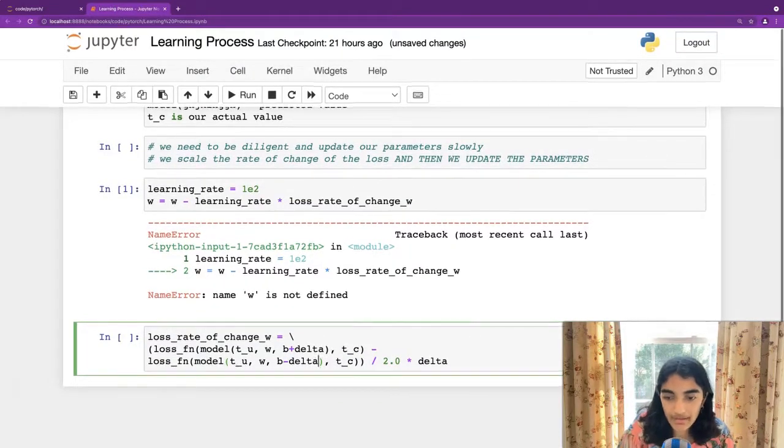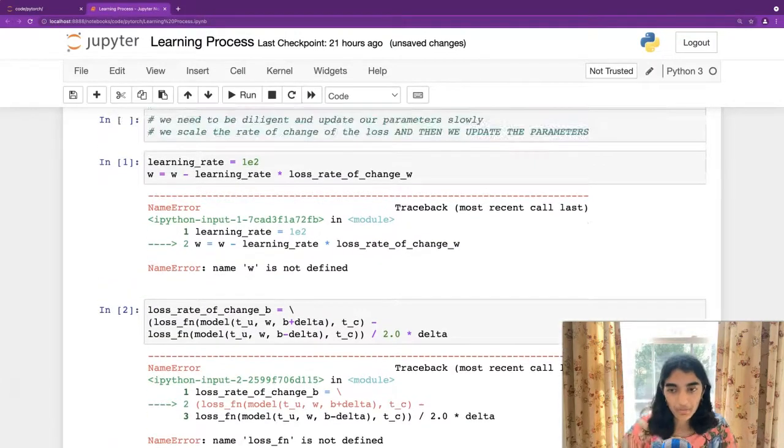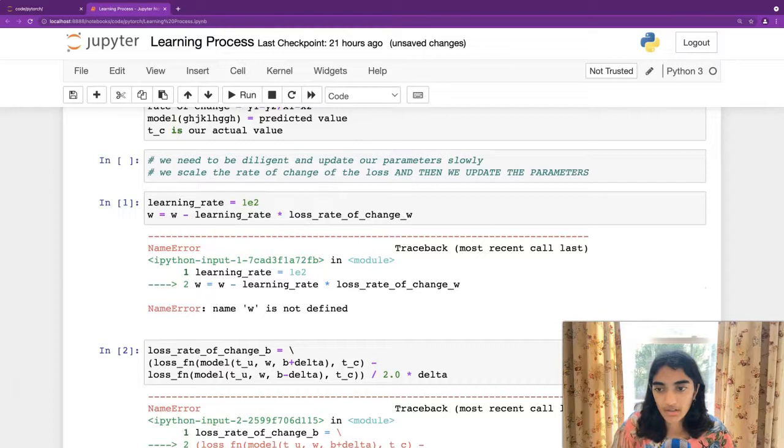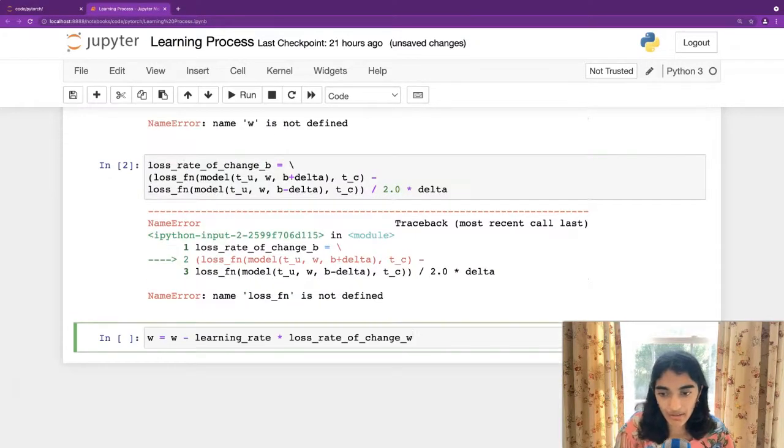And it's going to be the rate of change of loss with respect to b this time. We didn't run the previous stuff yet, which we should, but let me just do this and we can run it soon. So b is equal to b minus the learning rate times the loss rate of change. Okay, so let's run it.